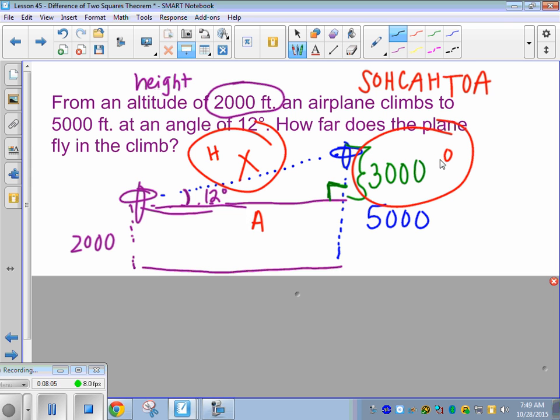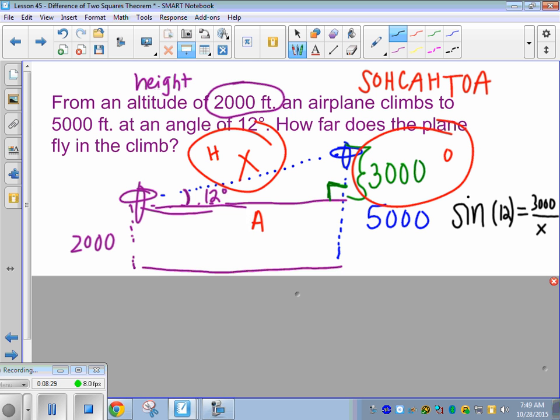Yes, opposite and hypotenuse right here. So we have to write an equation using sine. So it's always sine of the angle. So what angle do we put here? Sine of 12 is equal to opposite, which is 3,000, running out of room, over the hypotenuse, which is x.